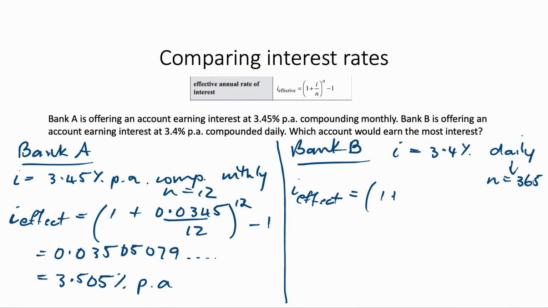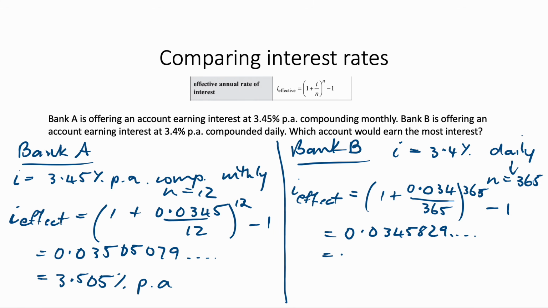we're going to have 1 plus 0.034, putting the interest rate as a decimal, over 365, to the power of 365, and minus 1. Now when we pop all that in the calculator, we would get 0.0345829, etc., which I'll just round off to 3.458%.